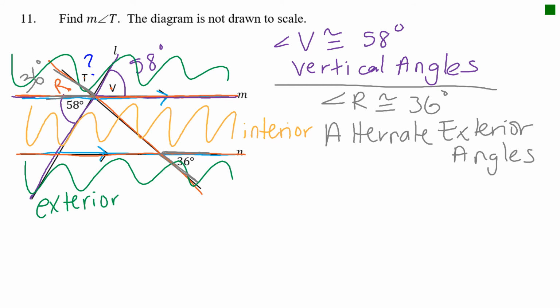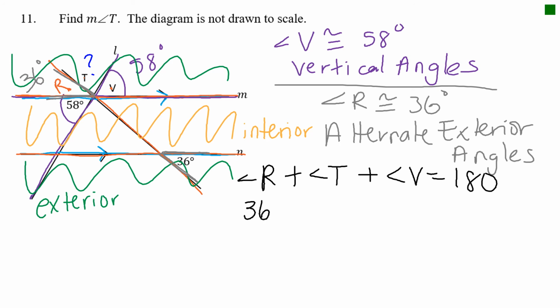Now notice we found R and we found V, but what we haven't found yet is T. We know that R plus T plus V equals 180 degrees. So angle R plus angle T plus angle V should equal 180. We now know angle R is 36 degrees.